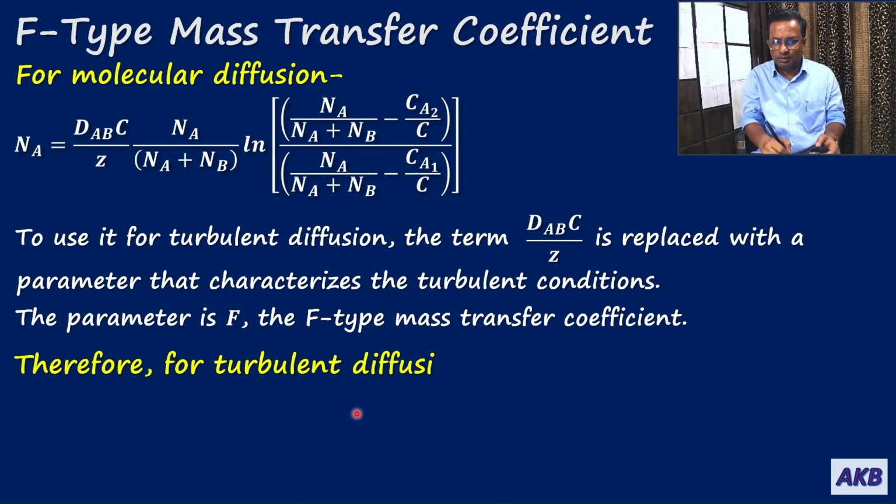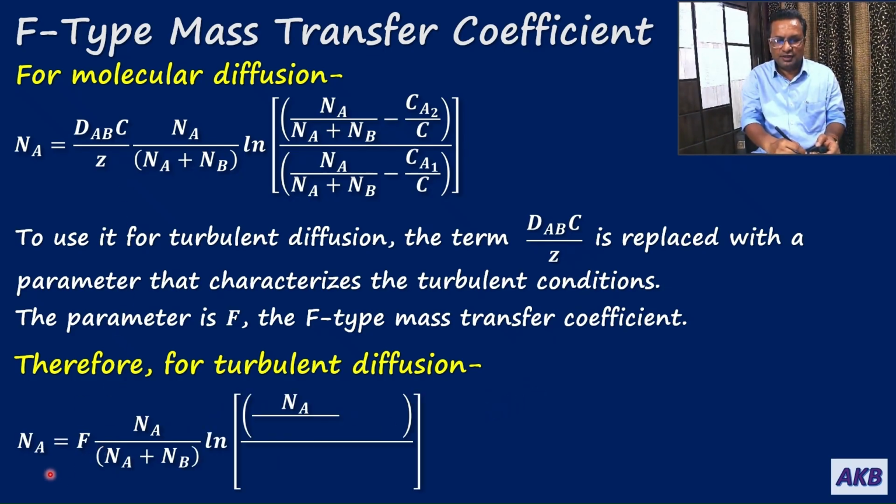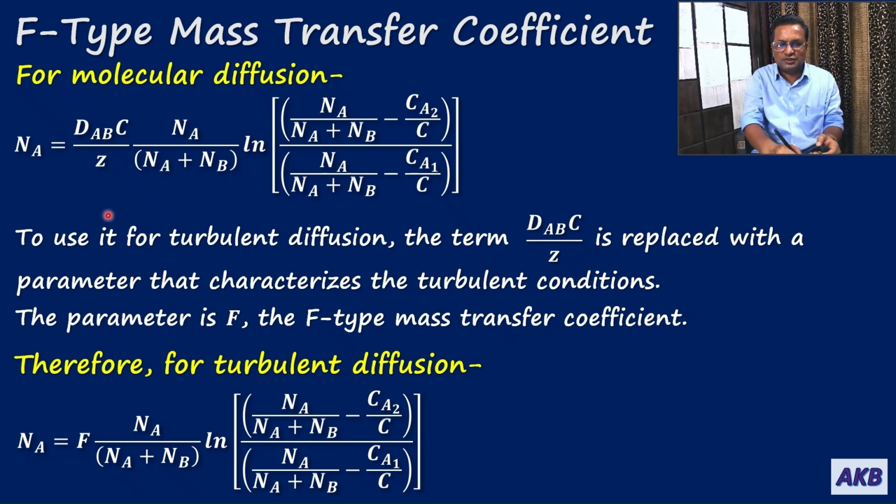Therefore, for turbulent diffusion, this equation can now be written in a new form. Na is equal to F into Na upon Na plus Nb into ln of Na upon Na plus Nb minus Ca2 upon C divided by Na upon Na plus Nb minus Ca1 by C. So you must have noticed we have replaced dAbC upon Z with F. Now you can use the equation which is similar to the equation used for molecular diffusion, but now it is in terms of F, the F-type mass transfer coefficient.